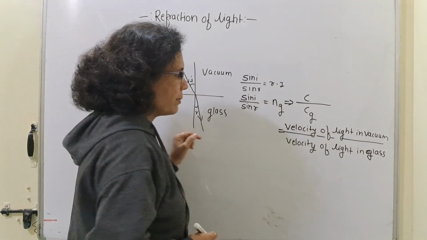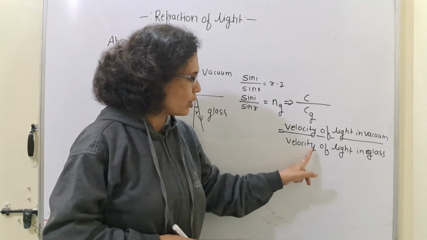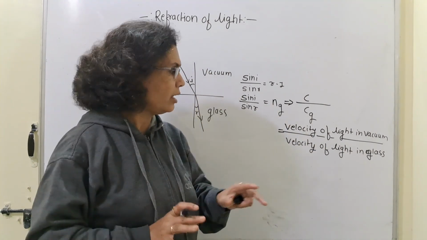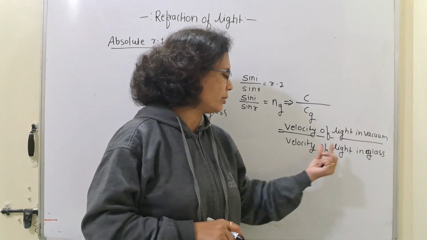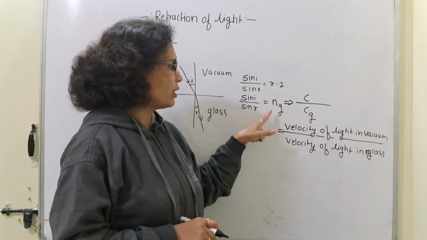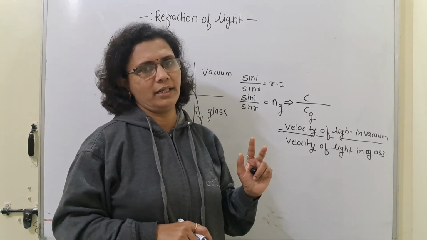We have taken the medium as glass, so I will write here velocity of light in glass. Simply, if you want to write the ratio generally, then velocity of light in vacuum divided by velocity of light in medium will be the refractive index of that particular medium.